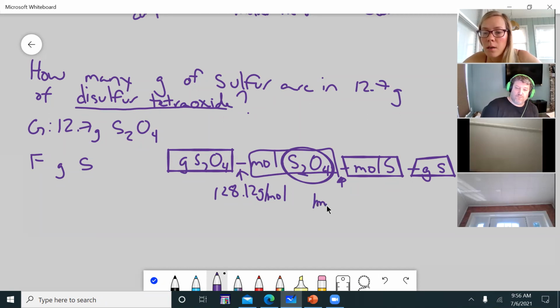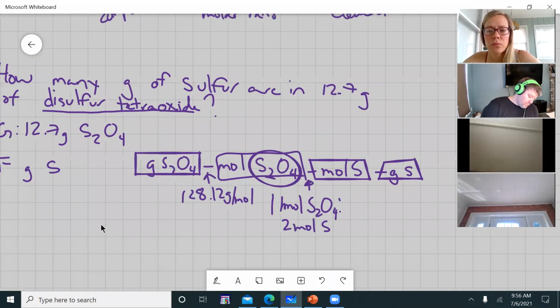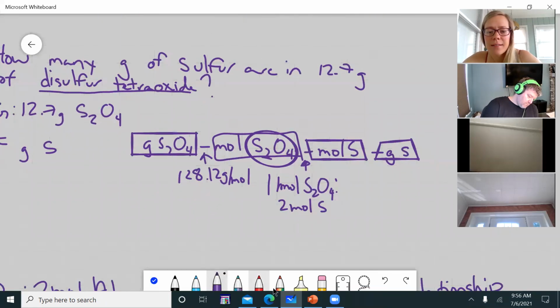So 1 mole of the S2O4 will yield 2 moles of sulfur. In this very last step here, we're going to just use the molar mass of sulfur, which is 32.06 grams per mole, specifically for sulfur, and this is specifically for S2O4.